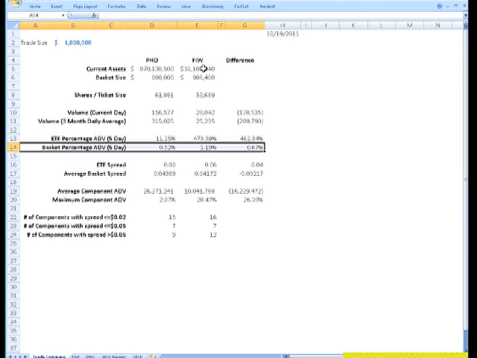But generally, what this number here, this 1.19%, is telling you is that if the fund liquidated everything it owned, the trades in all of those names would on average be about 1.2% of the total ADV. So essentially, the regular trading of these names would just absorb those trades, and there wouldn't really be any impact.